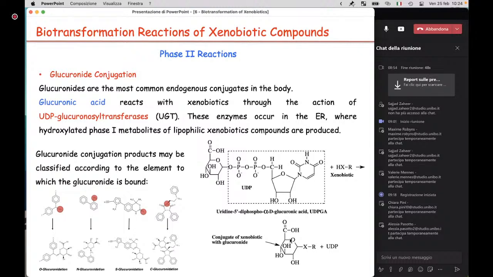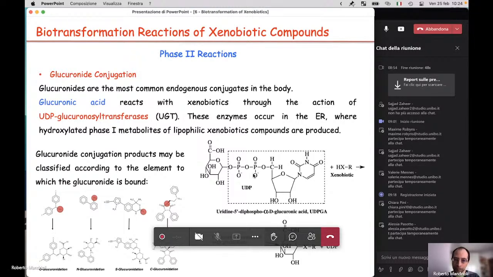If you remember the glucose molecule from polysaccharides and sugars, this is just like a glucose molecule, except the last carbon in the chain is oxidized to carboxylic acid instead of an alcoholic group.